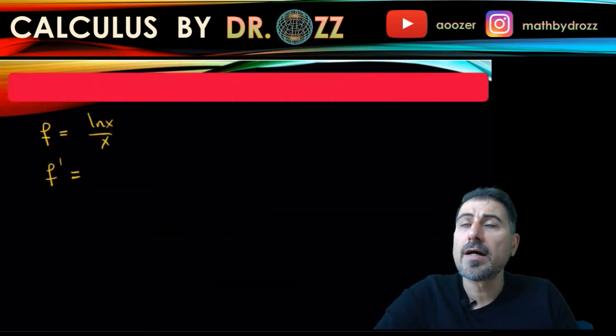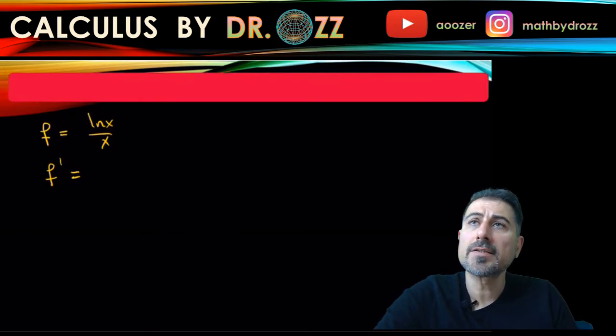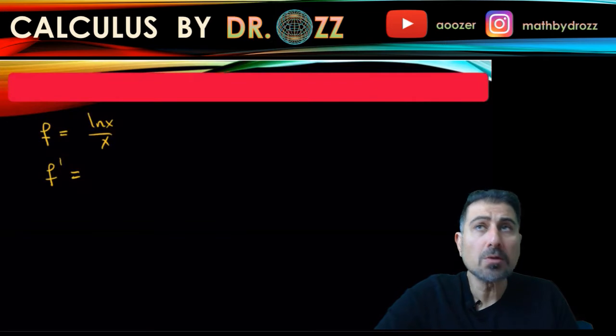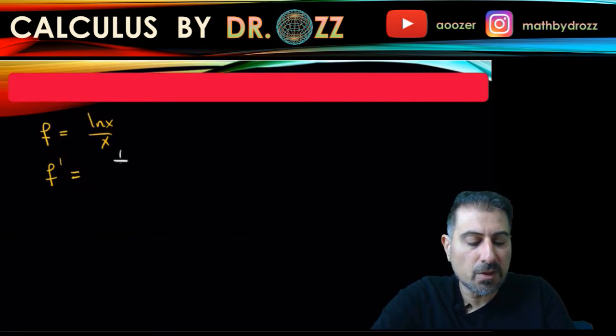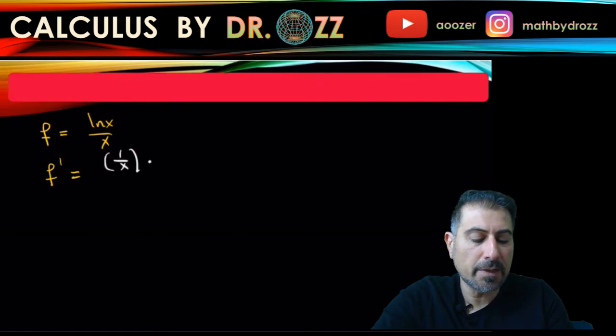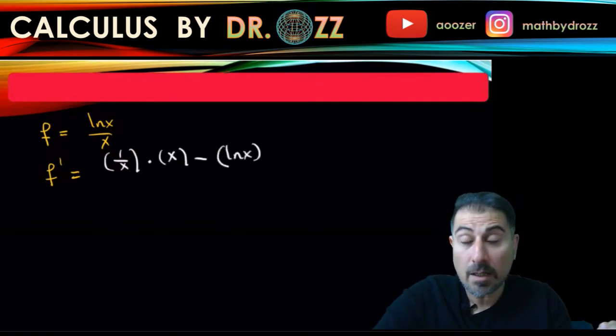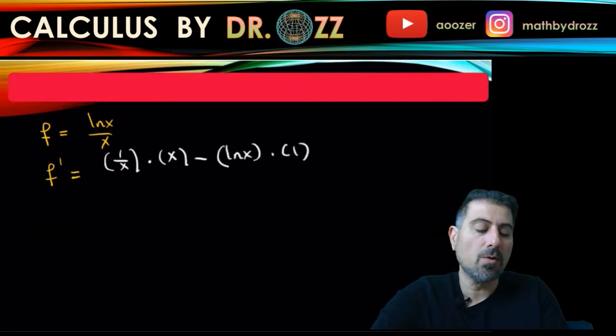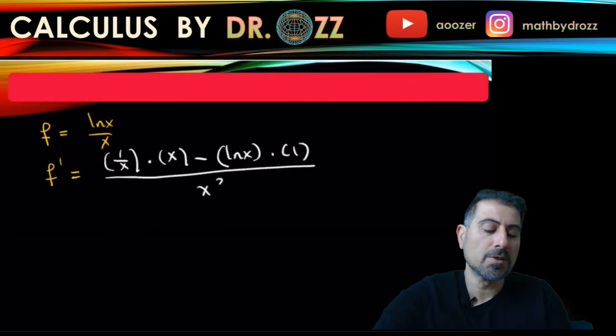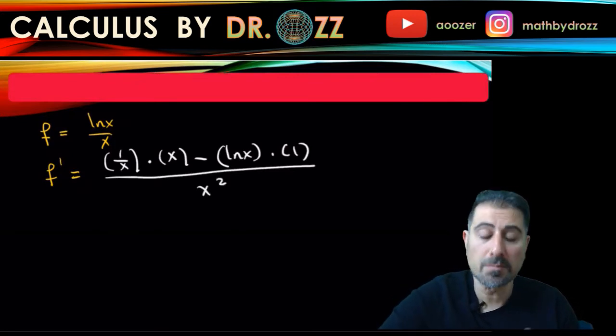All right, so we have the quotient of ln x and x. So we're going to use the quotient rule from Calc 1. It's the derivative of the top, which is 1 over x, times the bottom, minus the top times the derivative of the bottom, which is 1, all divided by the bottom squared. Let's simplify this.